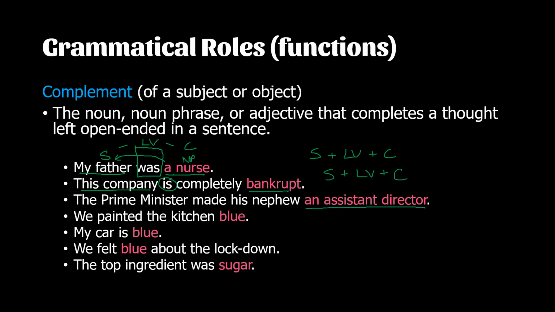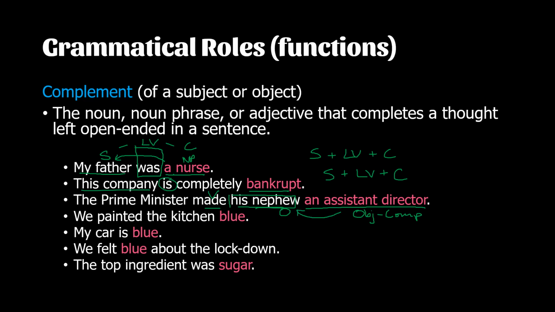This one's a little bit different. We don't have a linking verb here, but we have an object. So the Prime Minister made, this is the verb, his nephew is the object, and an assistant director is an object complement because it completes the idea of what his nephew was made into.